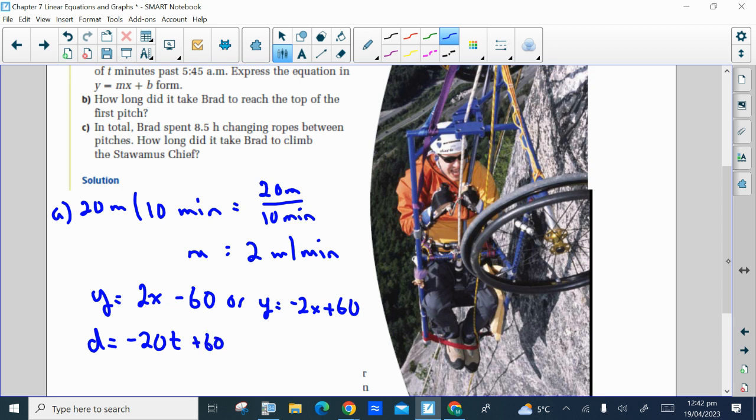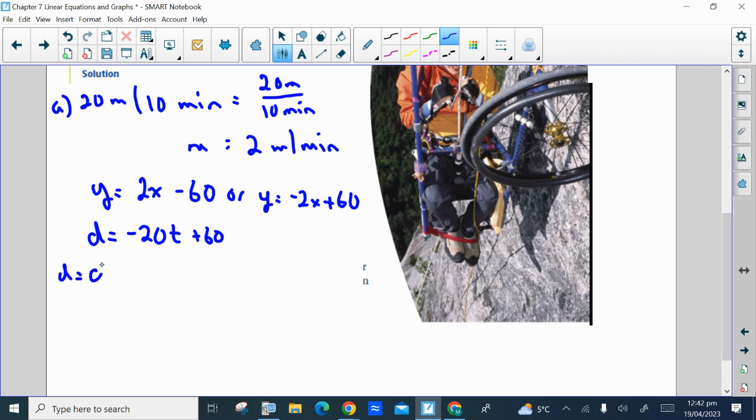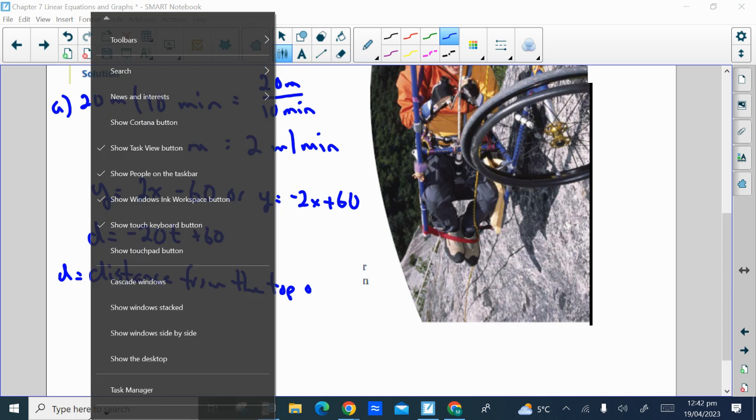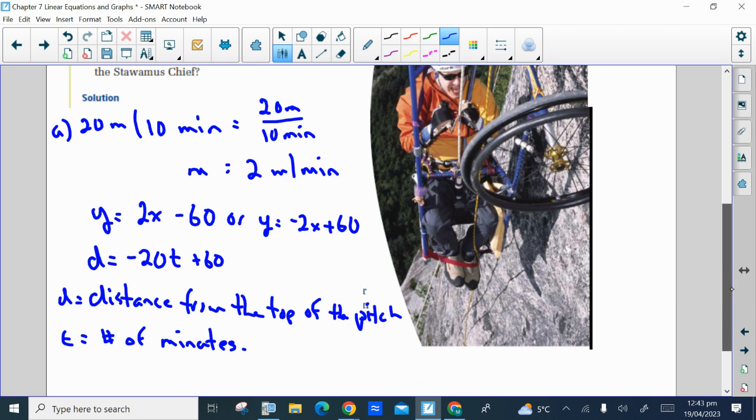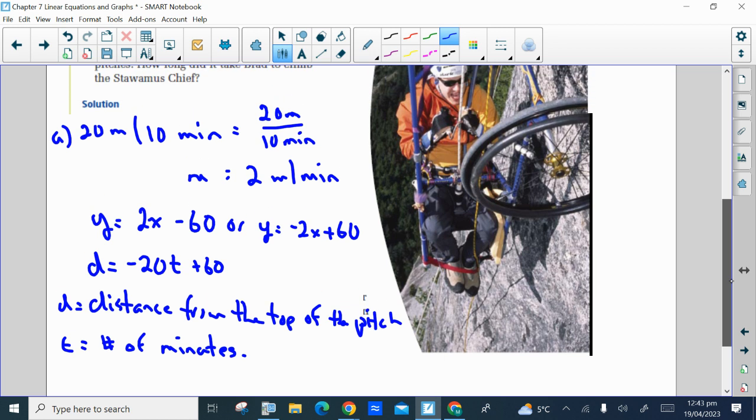So d would be the distance from the top of the pitch or section, and t would be the number of minutes. So there's our equation. That's our answer for part A. We changed the variables and we've now defined what each one means.